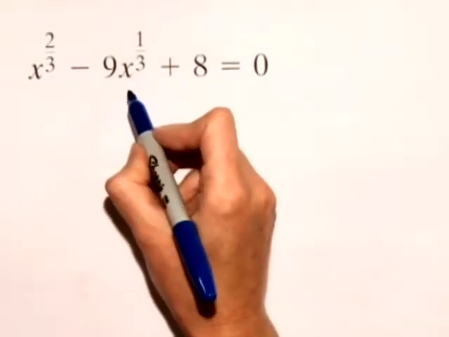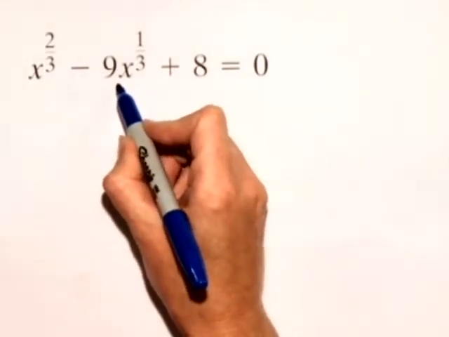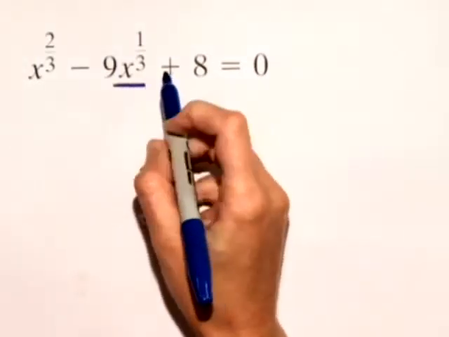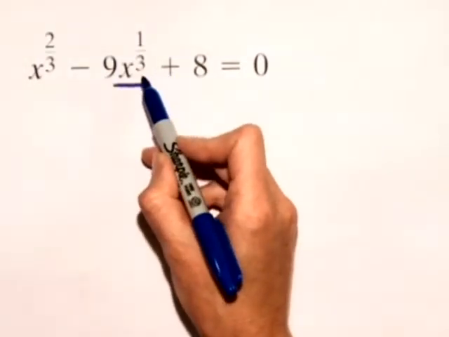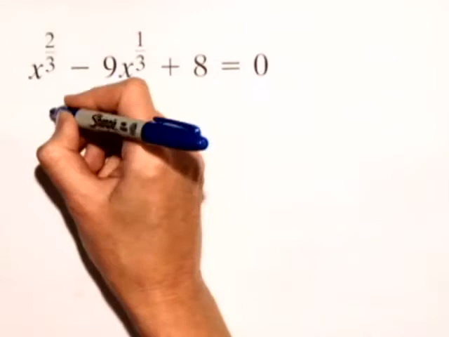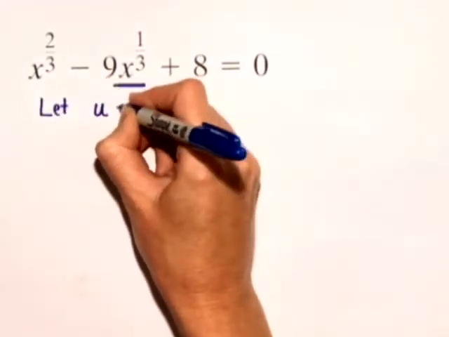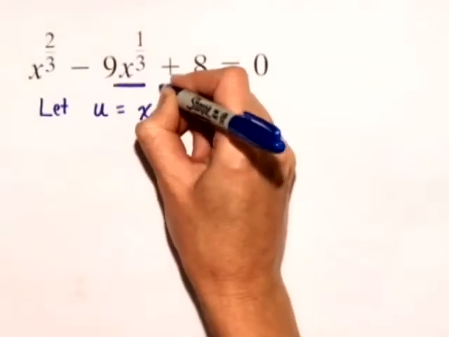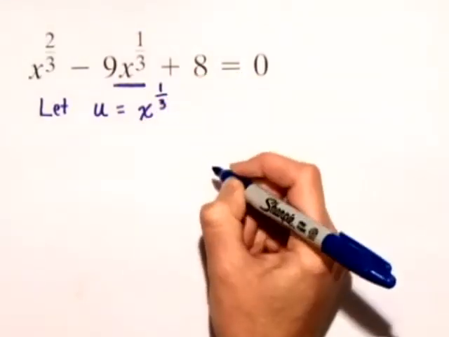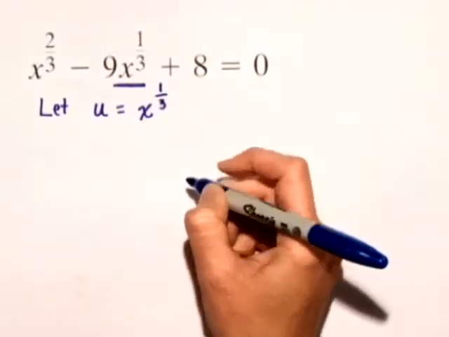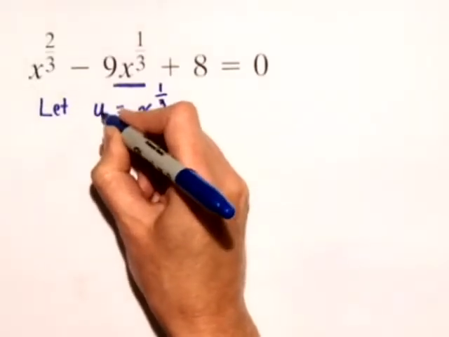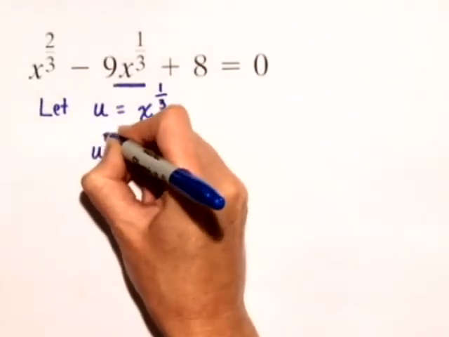Now the reason I say it's quadratic in form is by looking at this middle term here. We have x to the 1/3 power. So if we let u equal x to the 1/3 power, then notice what happens. What happens if I take this u and I square it?